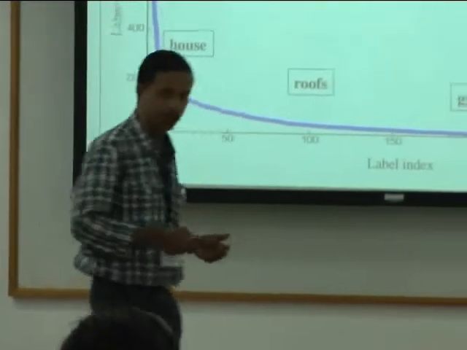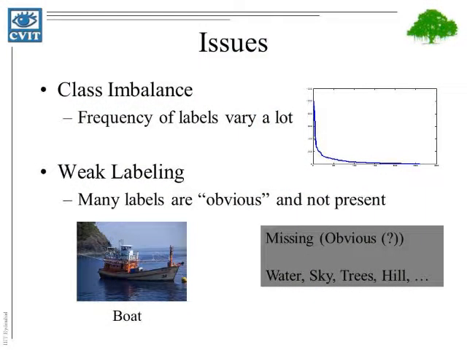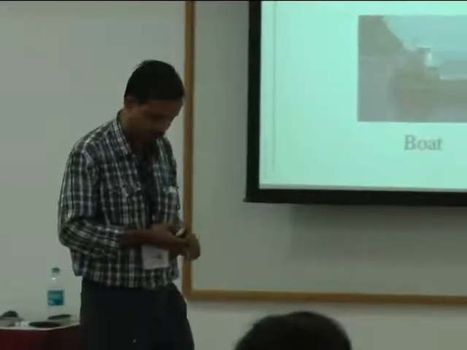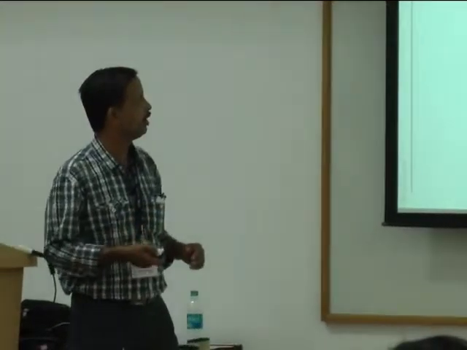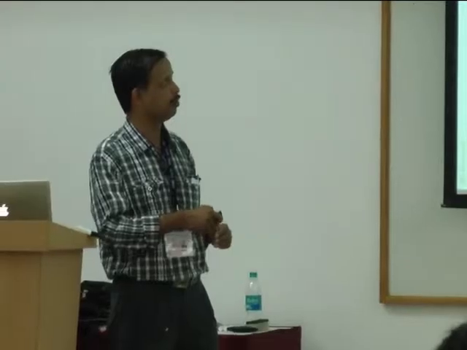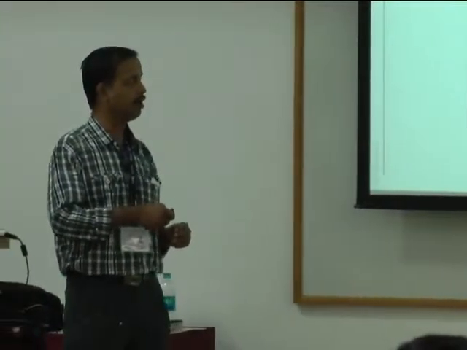So before we try to solve this problem, we tag two issues which we find are possibly the causes of poor performance. One is the class imbalance, that is, the frequency of labels varies a lot. The second is what I call weak labeling, where there are many obvious labels to a person, but they are not present.